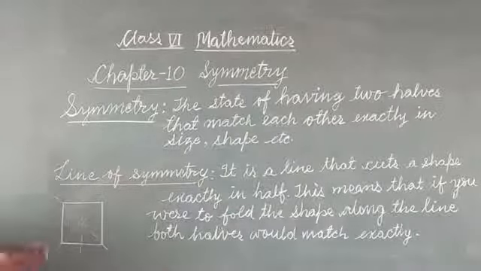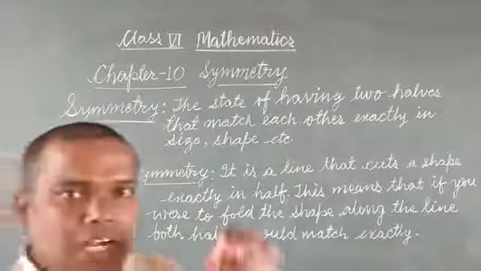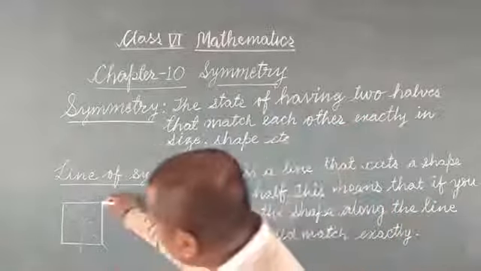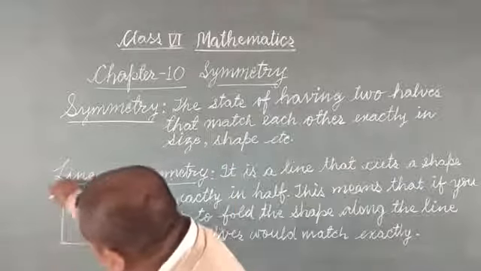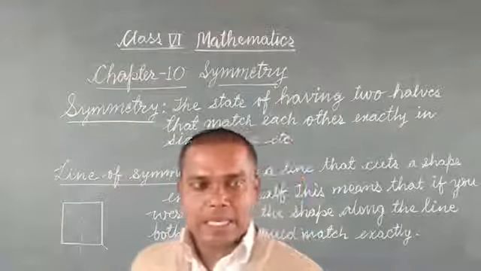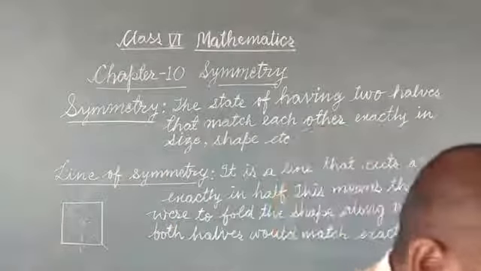So here we are observing a square has 4 lines of symmetry. One along this diagonal, this diagonal, this side, this side. Now see the other figure.